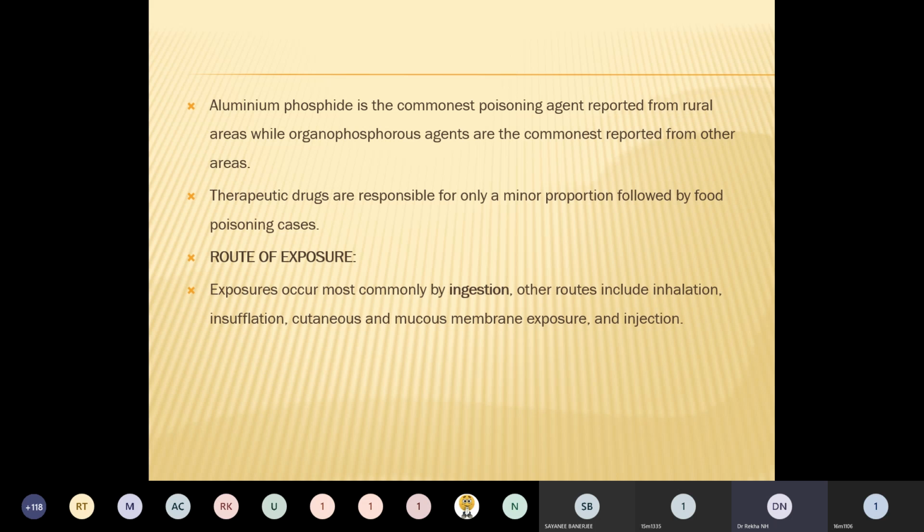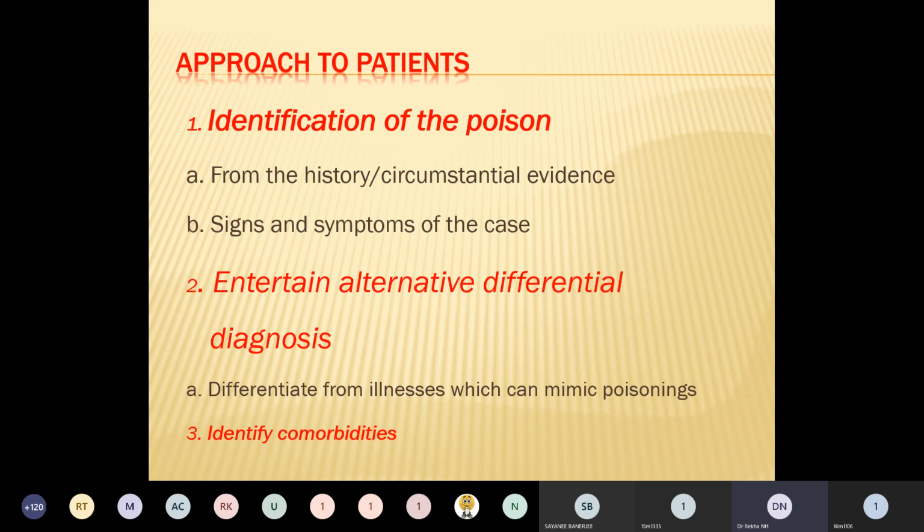So, route of exposure. The route of exposure occurs most commonly by ingestion, and other routes include inhalation, insufflation, cutaneous and mucous membrane exposure, and also injection. Approach to patients.